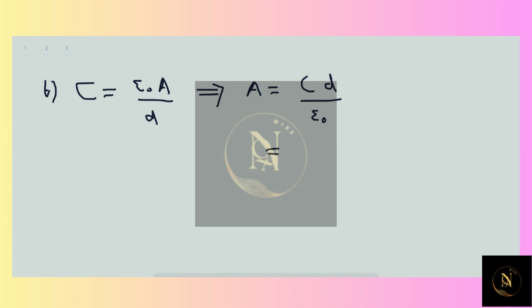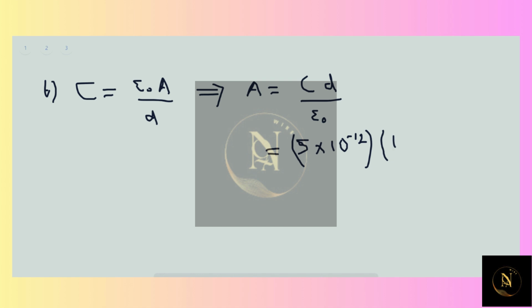The capacitance is given to be 5 picofarad, so it's 5 times 10 raised to negative 12, times the distance which we have just found. Make sure that you write the distance in meters, because the capacitance is given in farad, and we are using SI units here.